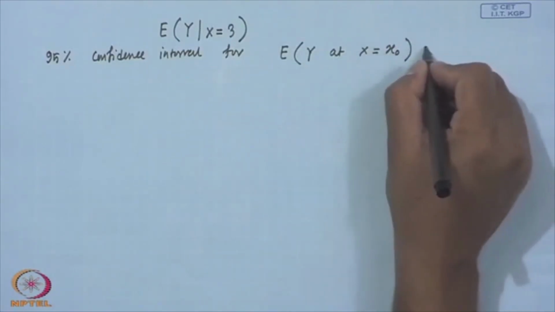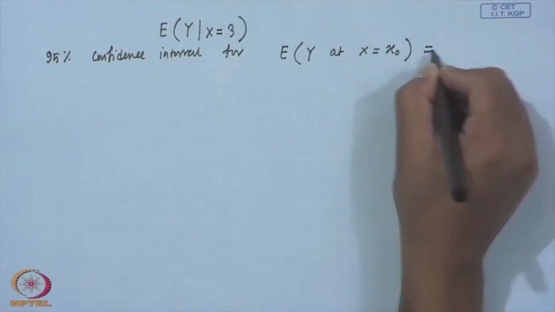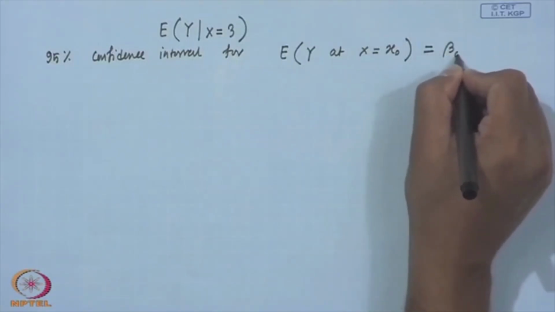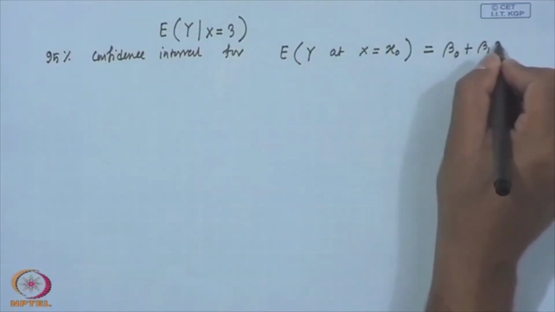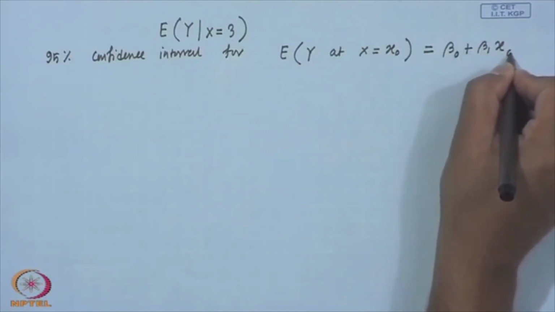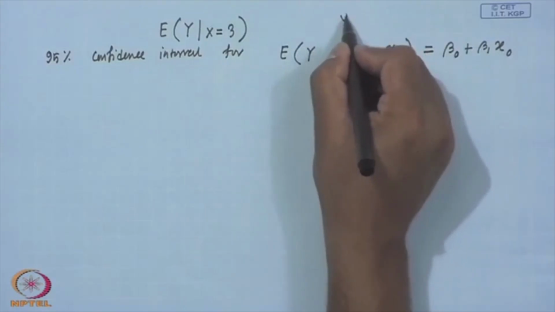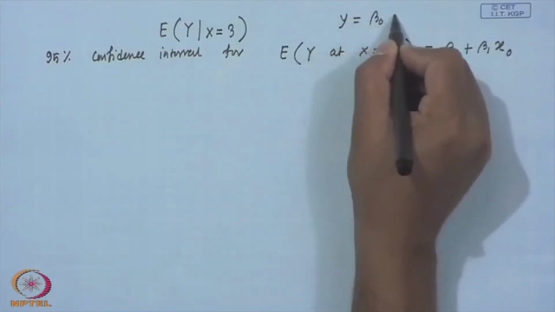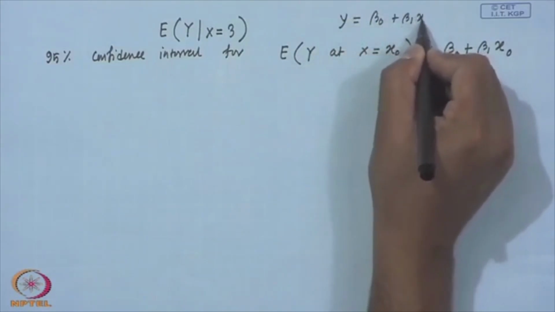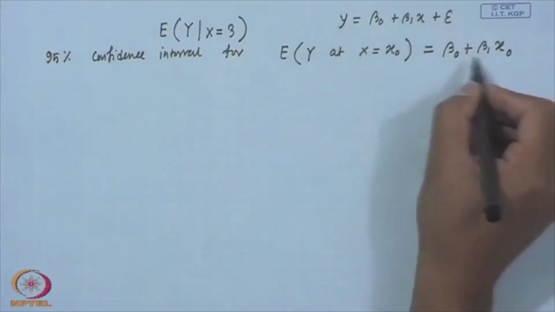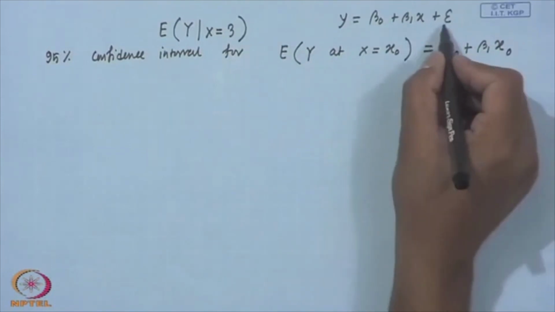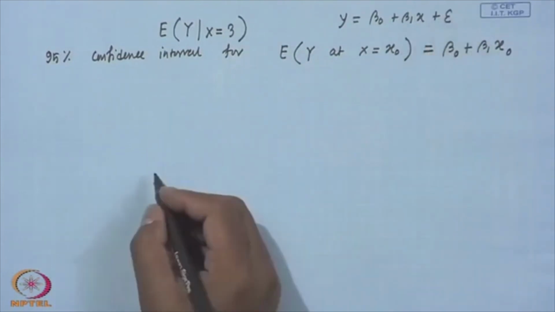So, this is nothing but beta naught plus beta 1 x naught, right, because we considered the model y equal to beta naught plus beta 1 x plus epsilon. So, the expected value of y at x naught is this one, because expectation of epsilon is equal to 0.